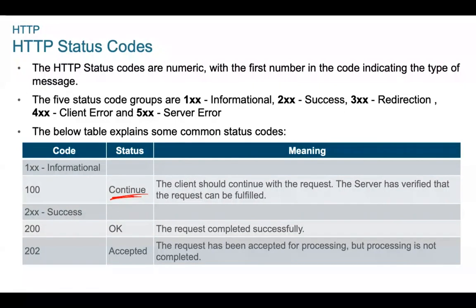If the code is 2xx, like 200, then the status for this HTTP service is OK, the request is completed successfully. If it uses 202, that is accepted: the request has been accepted for processing, but processing is not completed.